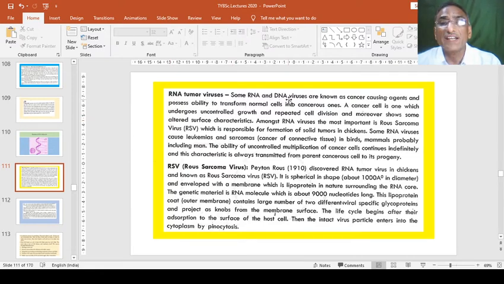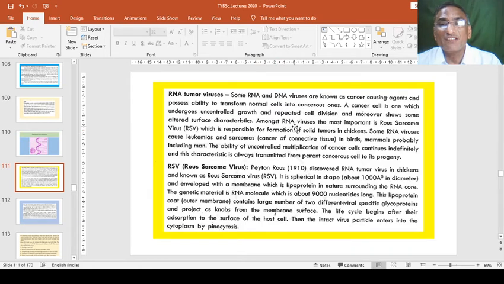Some RNA and DNA viruses are known as cancer causing agents and possess ability to transform normal cells into cancerous ones. A cancer cell is one which undergoes uncontrolled growth and repeated cell division, and moreover shows some altered surface characteristics.